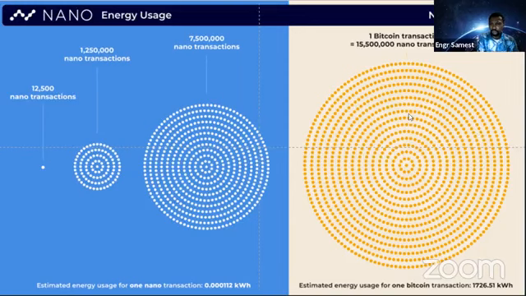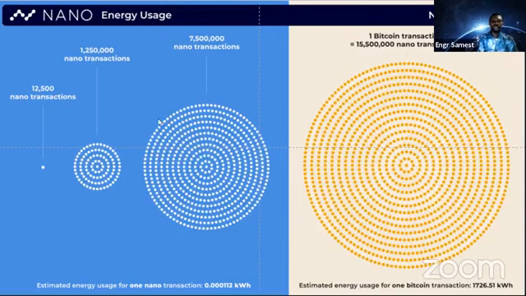But look at Bitcoin, just only one Bitcoin. See how huge the energy consumed per hour. See how huge it is. It means that if Nano had to use this energy for its transactions, you would need to cover 15,500,000 Nano transactions with the energy that one Bitcoin is consuming.